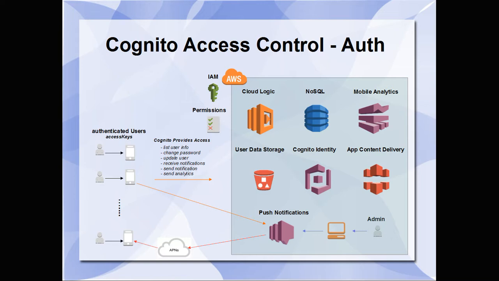So now keep in mind, there's the mobile app, which might be sending analytics, and there's the user, which might be pointing and clicking and updating their user profile information. In either case, there are events, and those requests go over to the Amazon cloud, and it's Cognito and IAM, the Identity Access Management within Amazon, which controls what can happen.